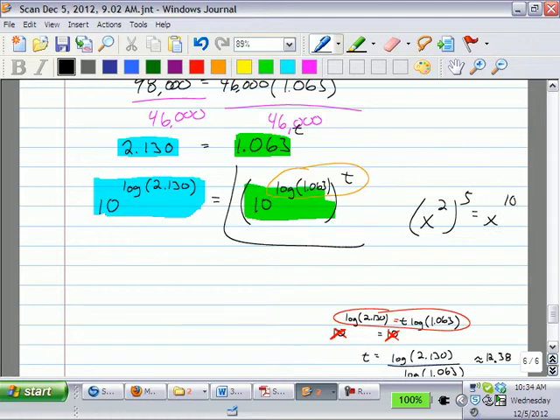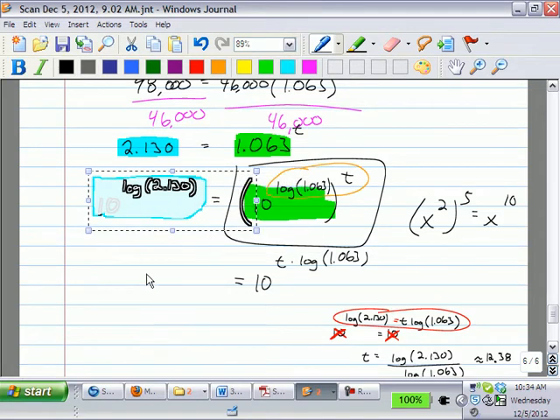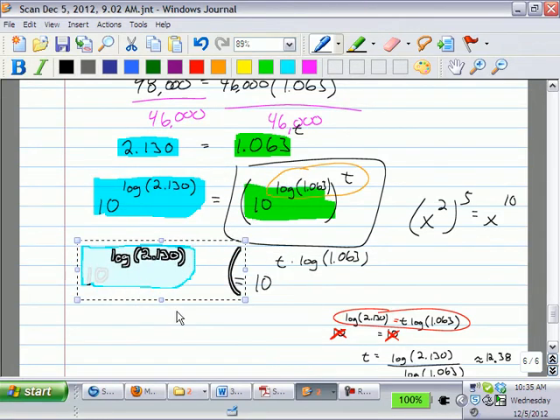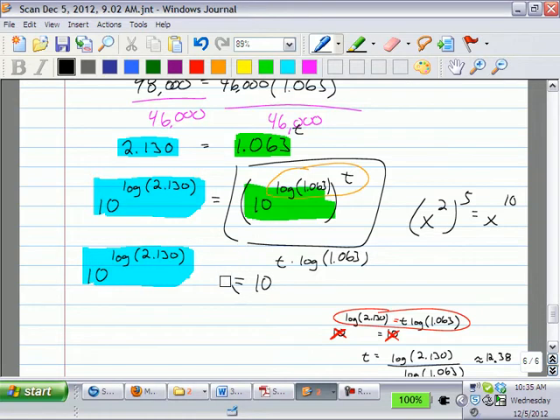So I took this right-hand side and I said, well, that's really 10 to the t times log of 1.063. And the left-hand side remained the same. And then I think that was the point where Andrew said, hey, both sides are in base 10. You can set the exponents equal. So we got rid of them.